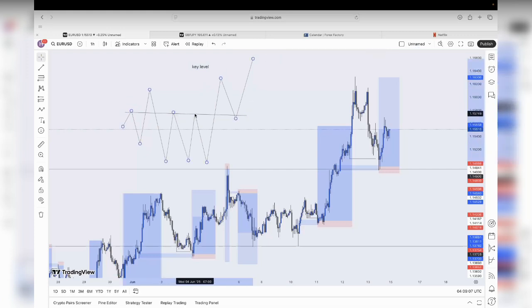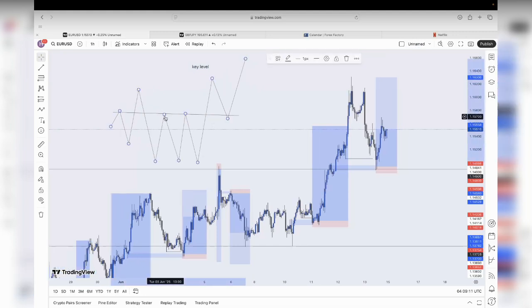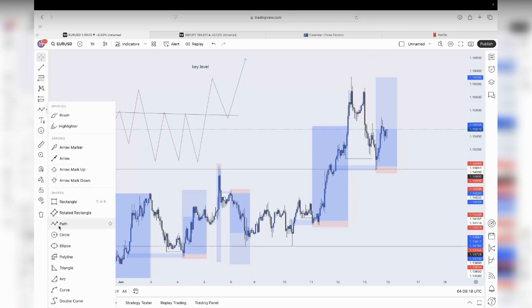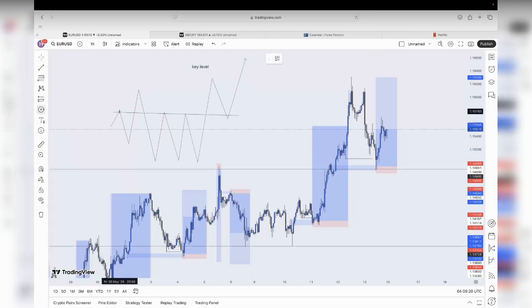I'm not really good at drawing, so please bear with me. I can mark out this area and say this area is a key level because, why? The market sold from here, sold from here, then broke it.